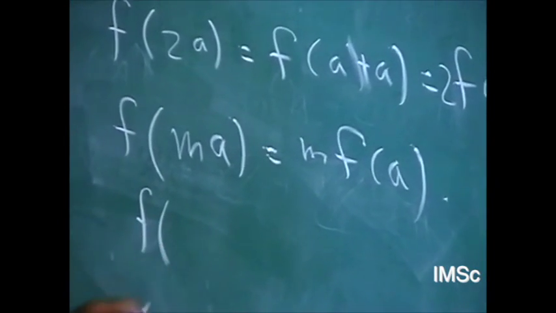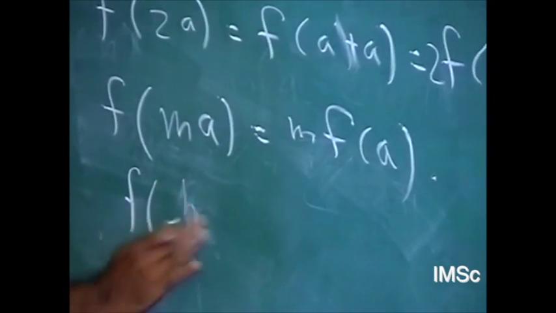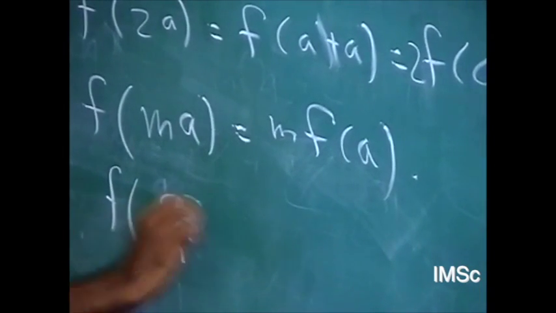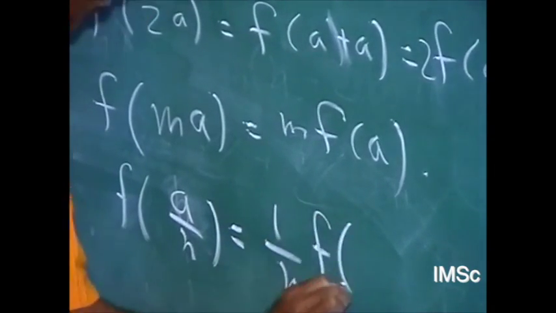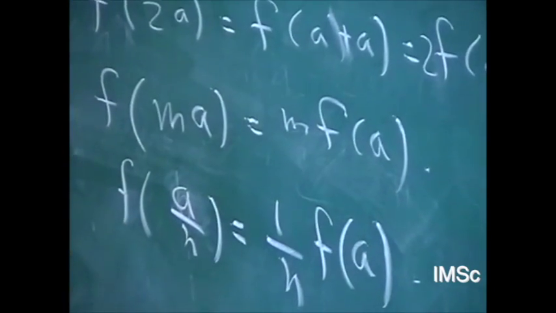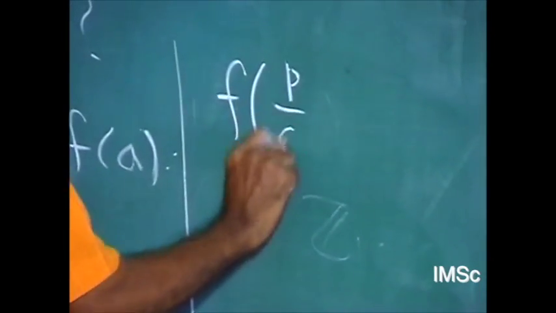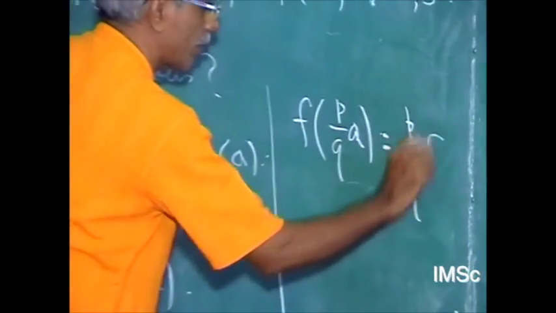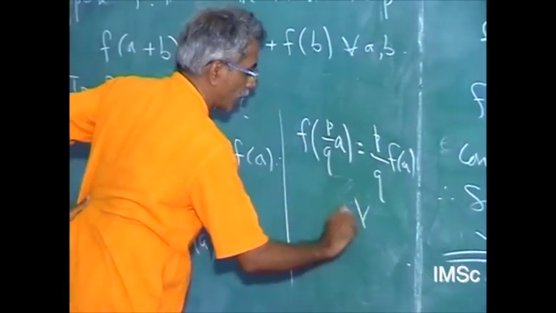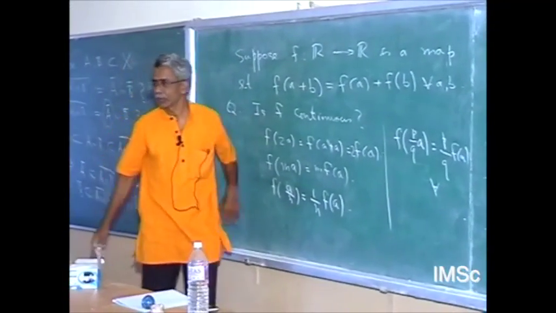You can also show f of a by m is equal to 1 by m times f of a, or f of p by q times a is equal to p by q times f of a for all rationals. You can also allow negative numbers, so it doesn't really matter.